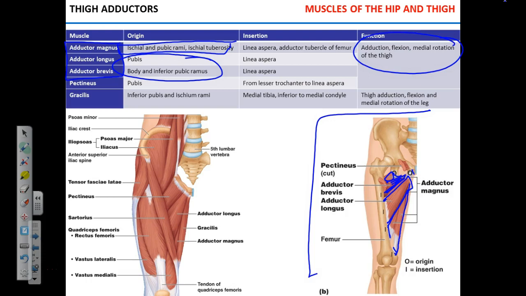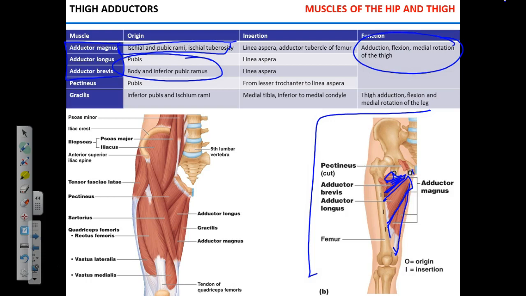Does that make sense? On this leg, you're probably curious, where is what? So number 14 is adductor magnus. Number 13 is adductor longus.